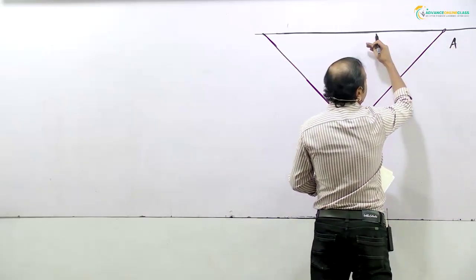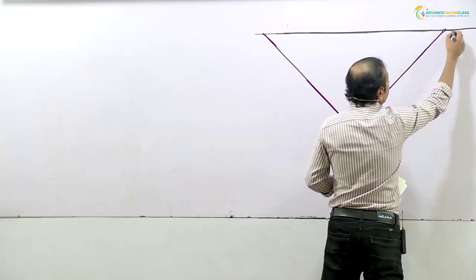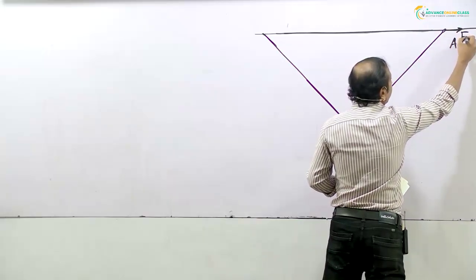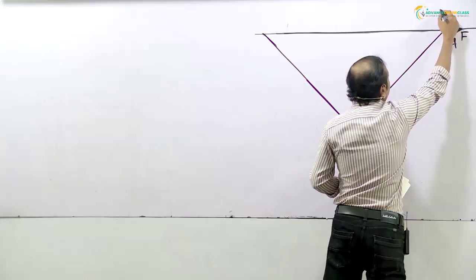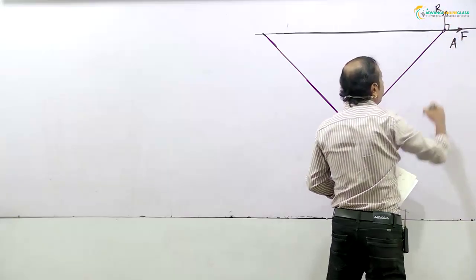The ring tries to move this way, then friction acts to the right. It has to take the frictional force there. The normal reaction comes in like this, R. The angle between them is 90.